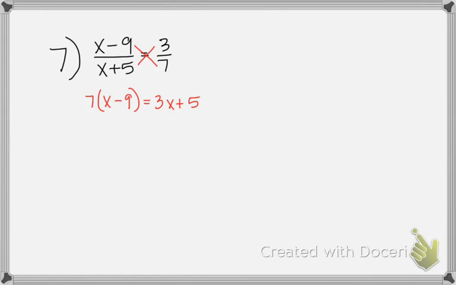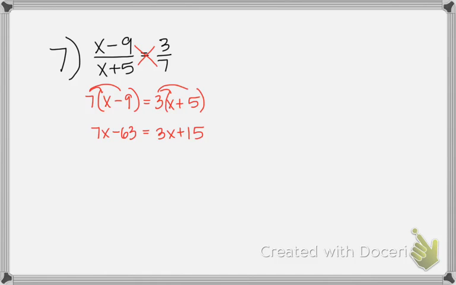I didn't put the parentheses, so as of now, the 5 isn't getting multiplied by 3. That's going to be bad. So I do need to group it and then distribute. So here I will distribute, and get 7x minus 63 equals, distribute, 3x plus 15.